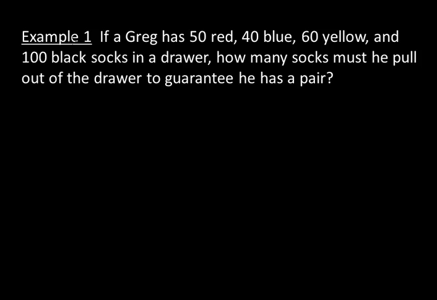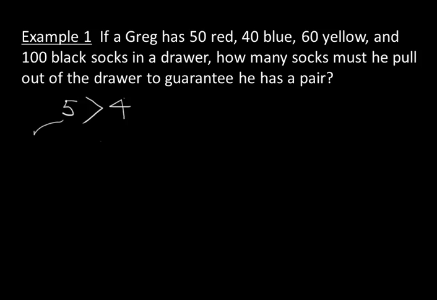But let's see how the pigeonhole principle applies here. 5 is the number of socks that he's going to draw, and that is greater than 4, the number of colors that are in the box.